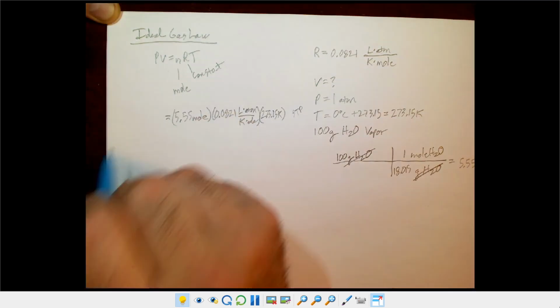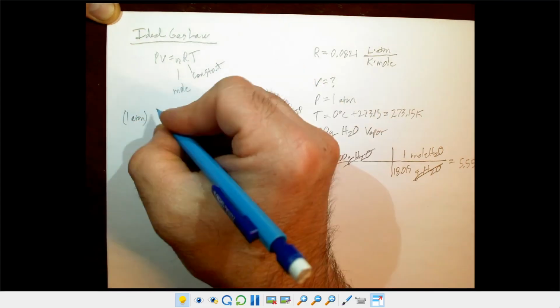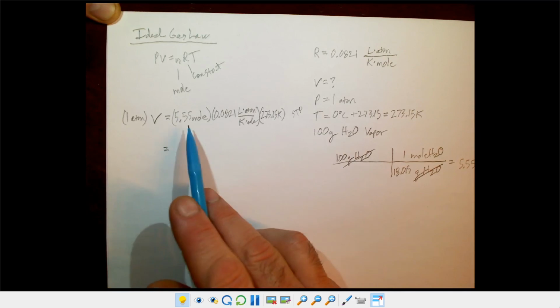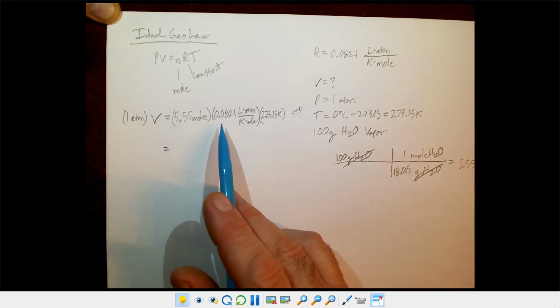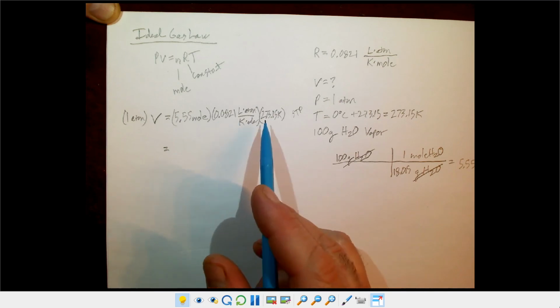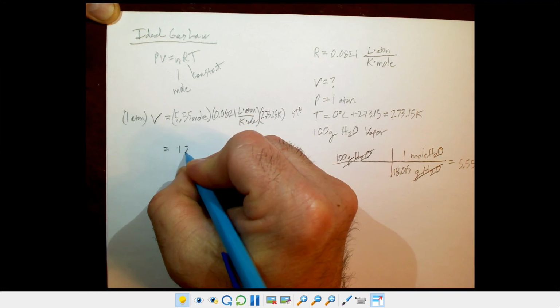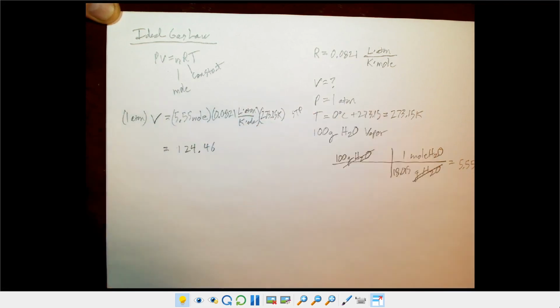And then over here, the pressure is 1 atm. And then we're looking for the V. So let's simplify this expression. We're going to take 5.55 times 0.0821 times 273.15. And all of that together is going to give you a number of 124.46.